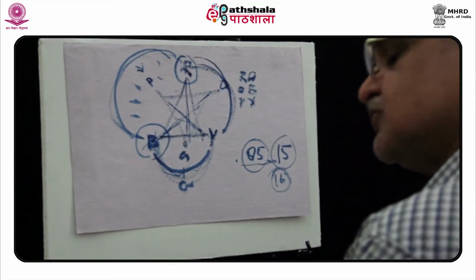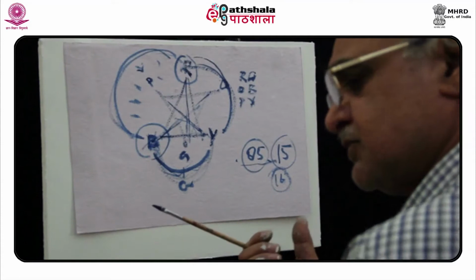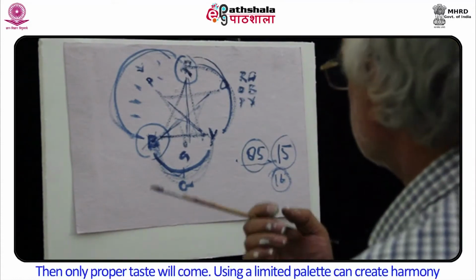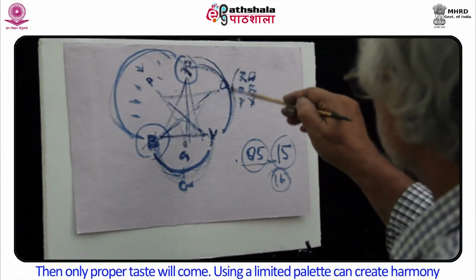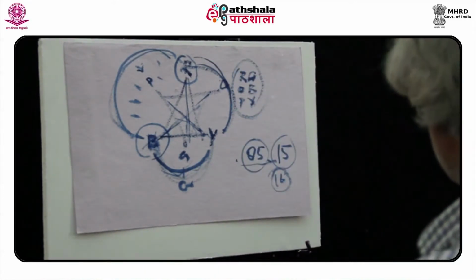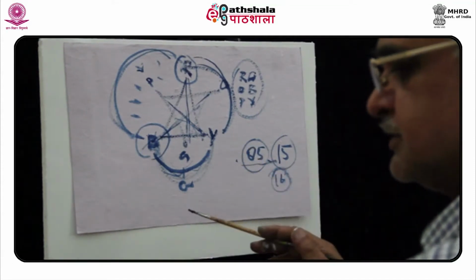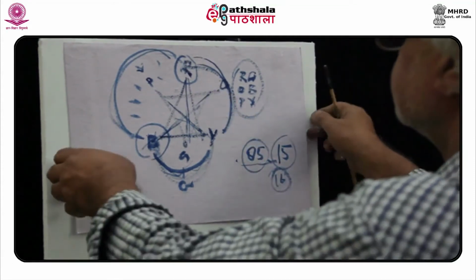The use of contrast is like the use of salt and sugar in food. Then only the proper taste will come. Using a limited palette can create harmony, is quick to paint, lets you explore tone and composition, and gives you a hold over the colors to control mixing.